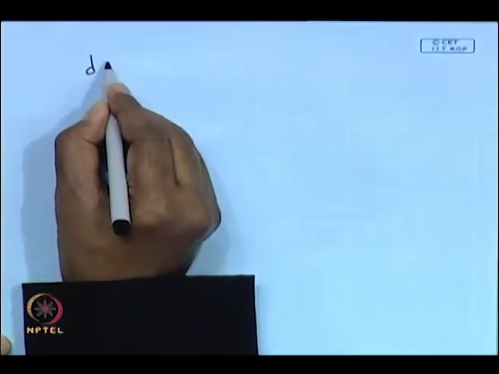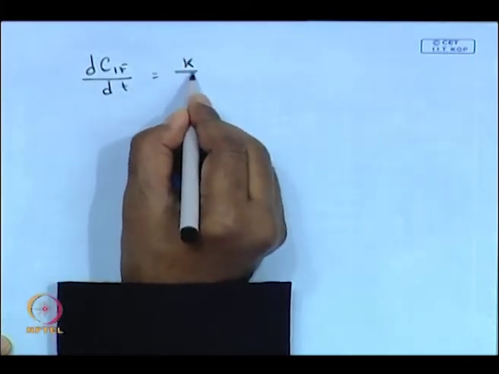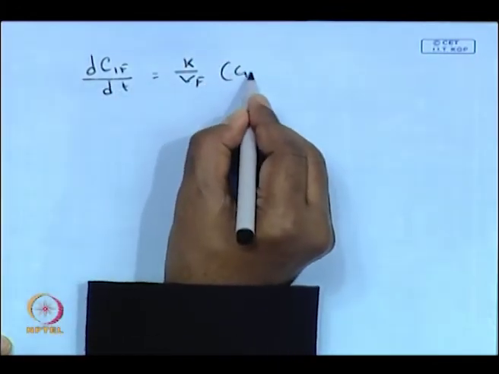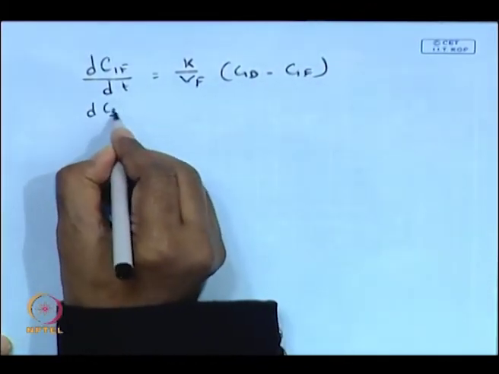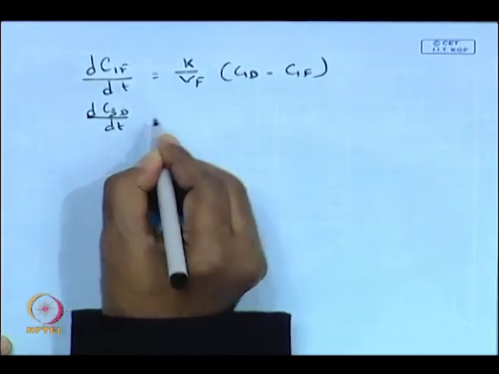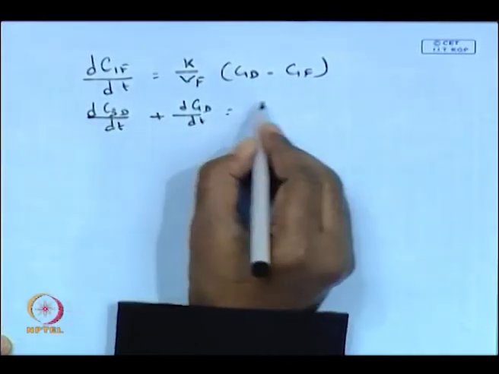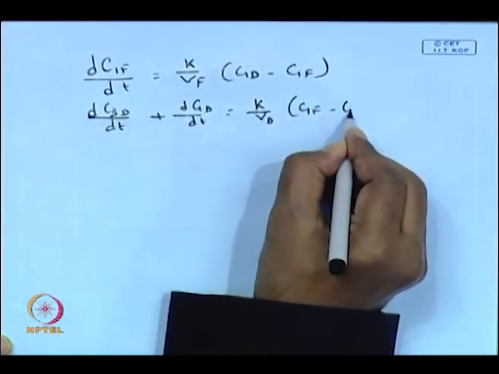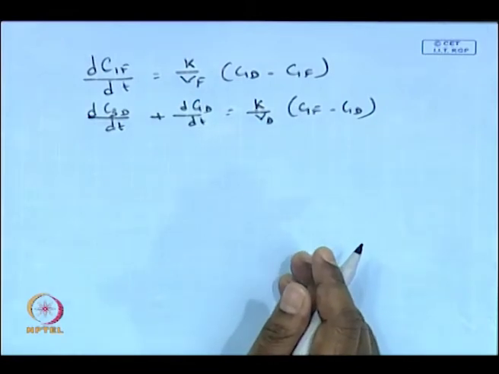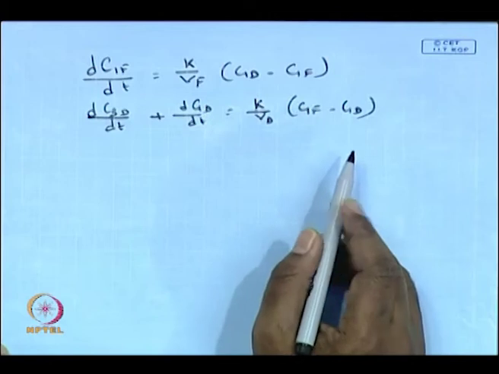If you do that, the two equations become dC1f/dt is equal to k divided by Vf times (C1d minus C1f), and dC3d/dt plus dC1d/dt is equal to k by Vd times (C1f minus C1d), where the subscript f stands for the feed side and subscript d stands for the dialysate side.